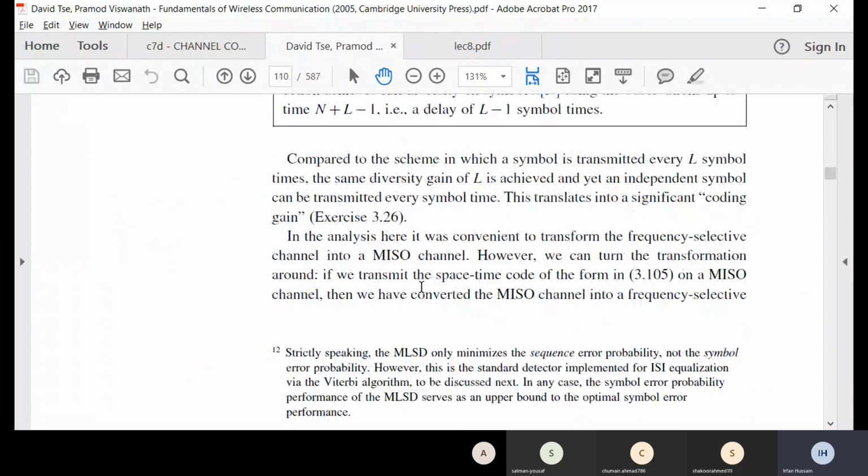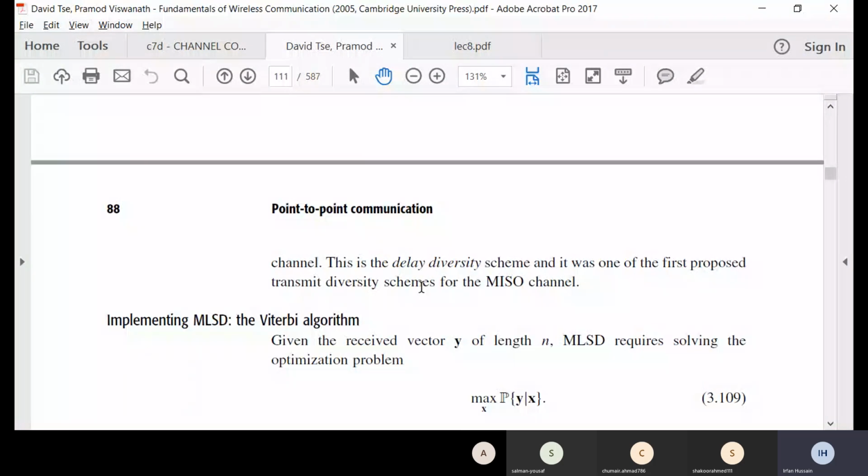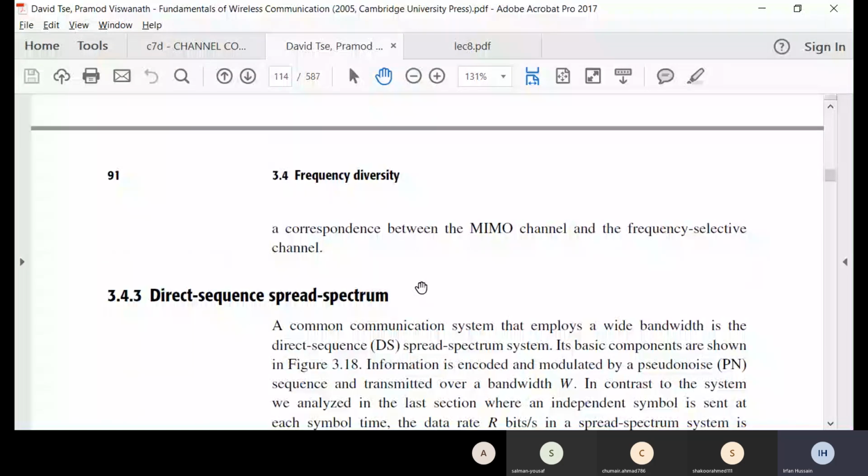So how can we implement this maximum likelihood sequence detection? First of all, I will try to explain with the explanation given by this book. But this explanation, if you will observe, is quite generalized, or a very summarized view is given.